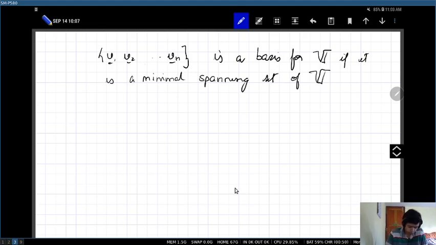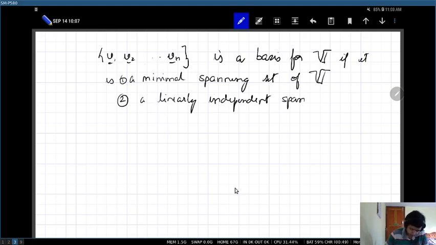So this is one way of defining the basis. The other way of defining it is if it is a linearly independent spanning set. So it spans V, and in addition all vectors are linearly independent.